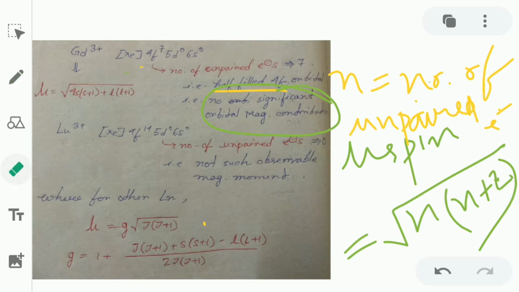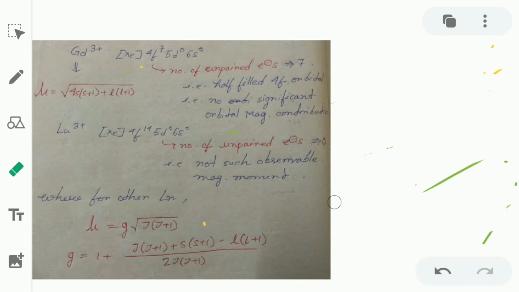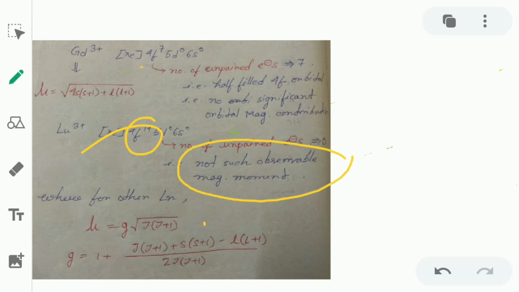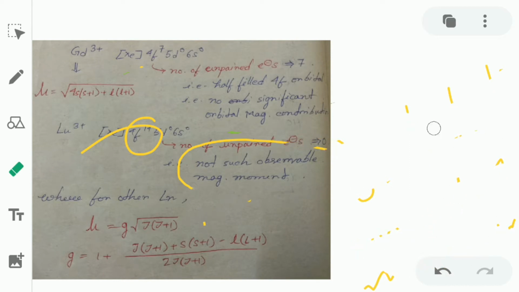So we can also say from the electronic configuration of lutetium-3 plus that it has a fully filled 4f14 electronic configuration, which also has no such observable magnetic moment due to the orbital angular momentum, that is, the capital L value.